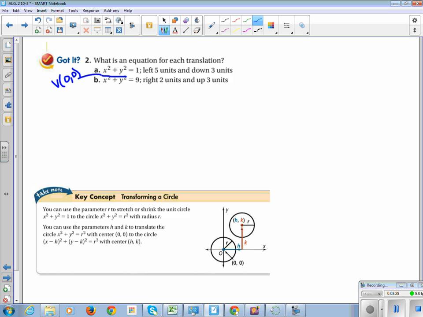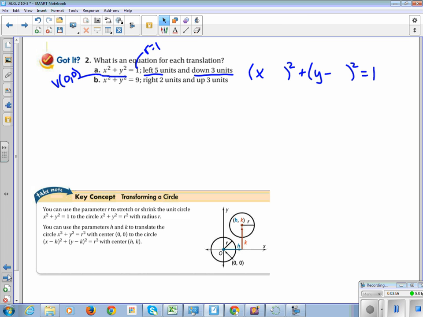We are going to move this guy left 5 units and down 3 units. Our radius is 1, and it is going to stay the same. We are just translating the center.